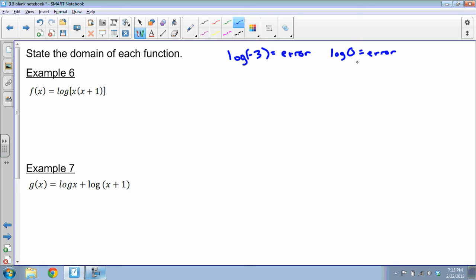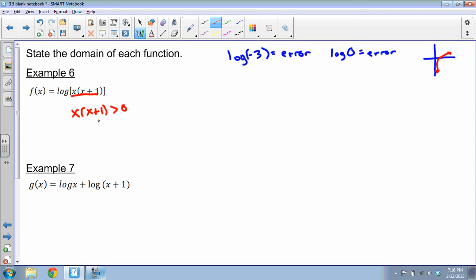But we can pick any numbers that are really close to 0, like 0.1, 0.01, 0.00001. Remember, on the graph of a normal logarithm, we have basically an asymptote at x equals 0, keeping us from getting over where the negatives are, or even from touching 0. So for the domain of these, what we are concerned about is when the inside is greater than 0.